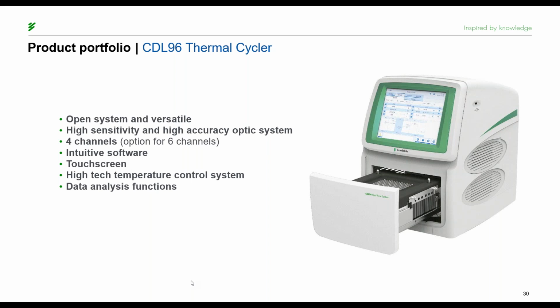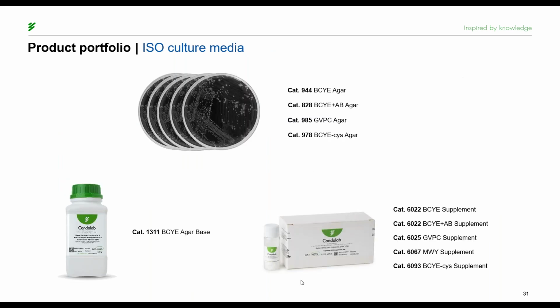It has a lot of functionality. It is obviously tested and optimized for use with Conda gene kits, but as I say, it is not limited to them. And if you are interested in learning more about the CDL 96 thermocycler, you can just let us know, and we will send you all the information about this equipment.